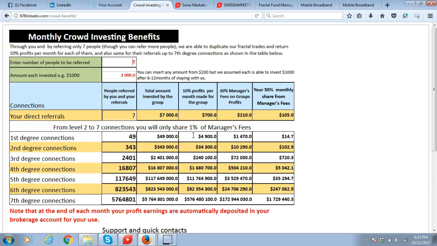If you refer 1,000 people, the system we are putting in place will automatically give you your performance profit. We don't have it now, but that is what we are planning.